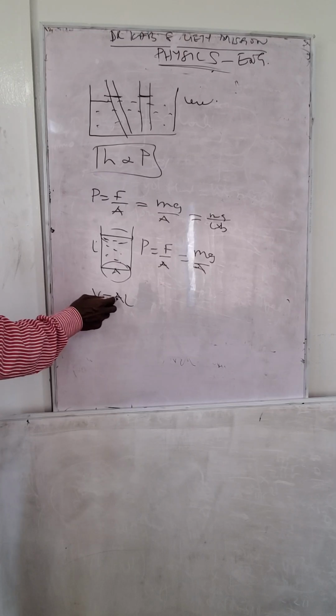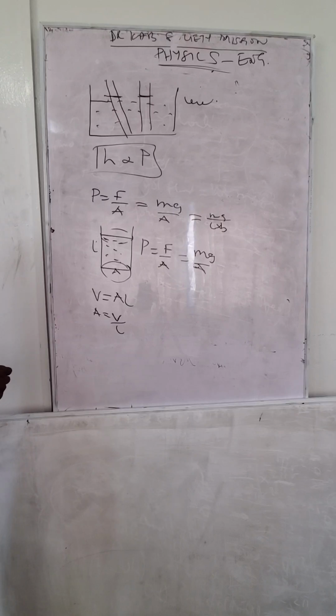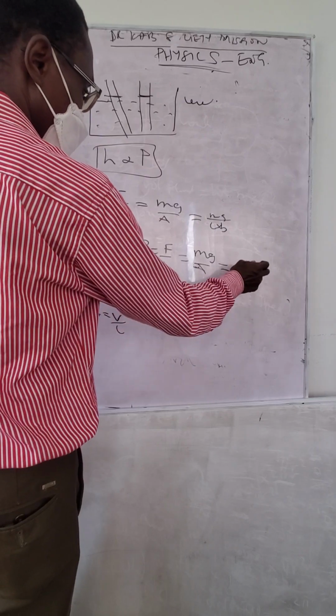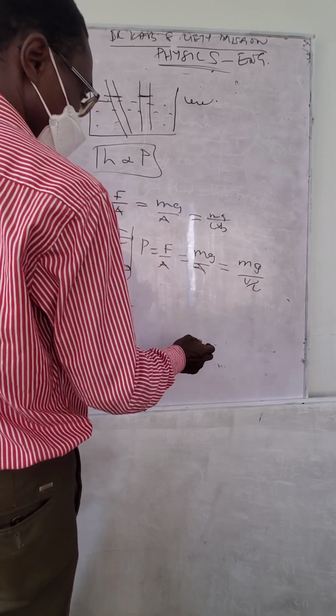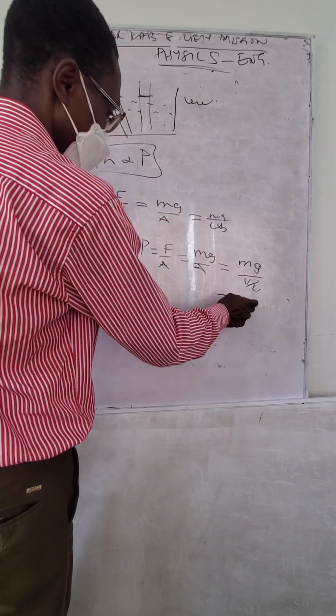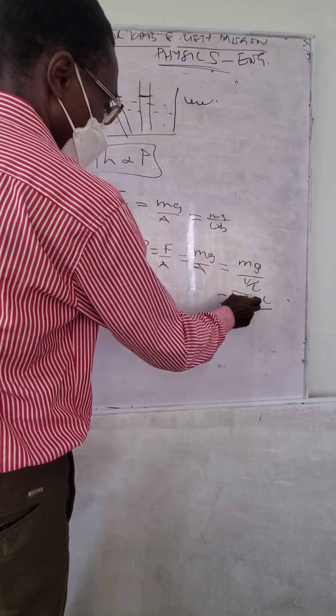So in this case, we can see that area is equal to volume over length. Okay. Area is equal to volume over length. Now let's put this one here. We're going to have mg over area, which is now volume over length. Okay. This is going to turn outside, so we're going to have mgl over V. But we know m over V.